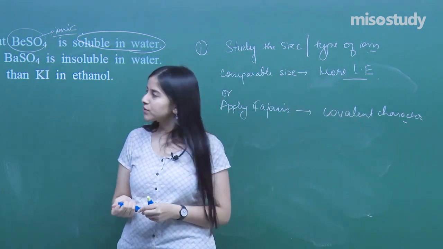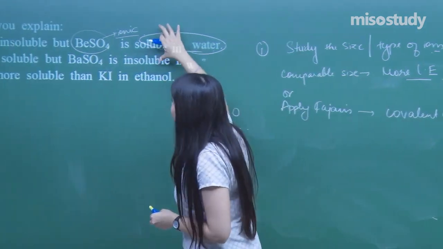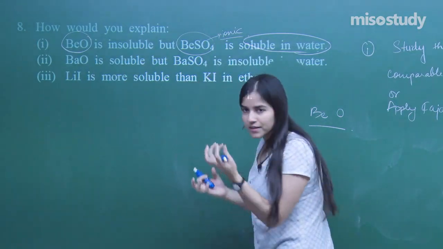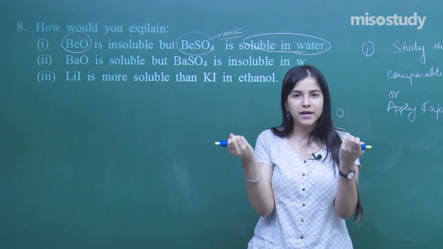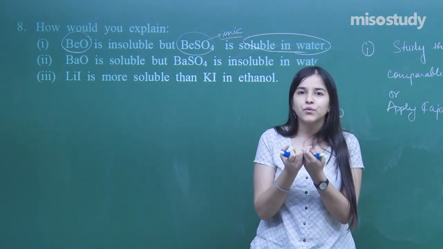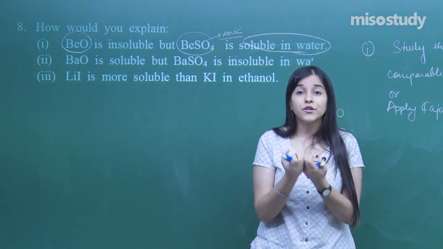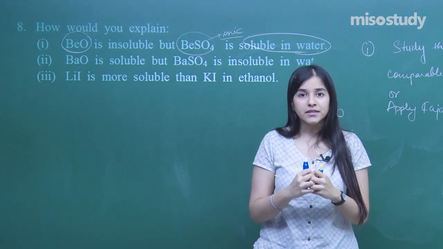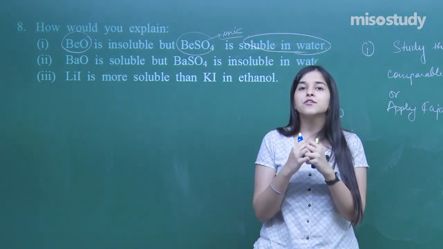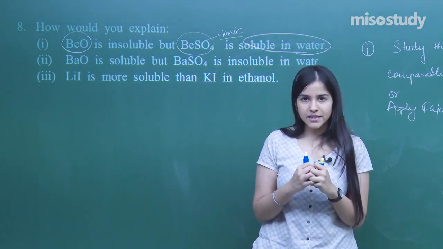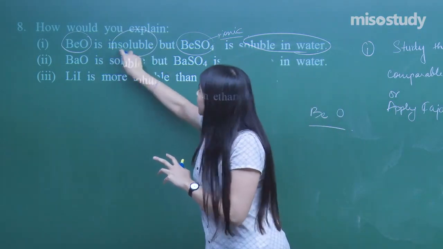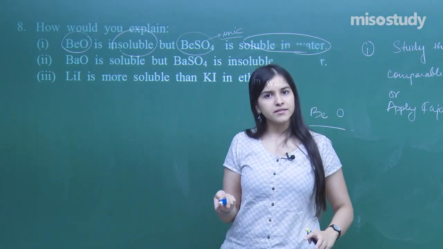See here, BeO has comparable sizes, beryllium small, oxygen small. They can bond in a very good manner. So what will happen? There will be high strength and more lattice energy, right? And due to this, there will be insolubility.